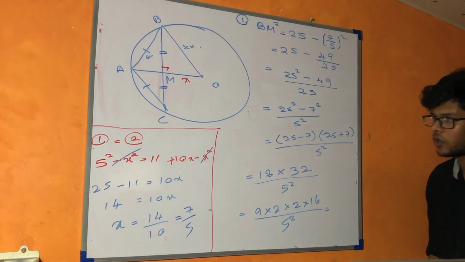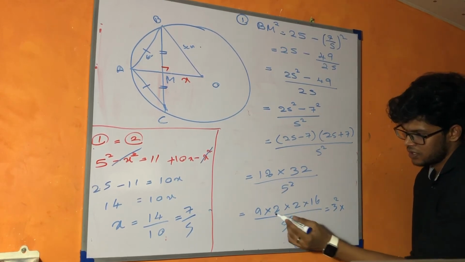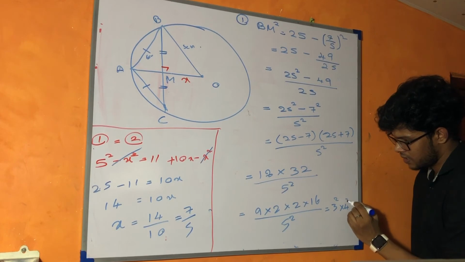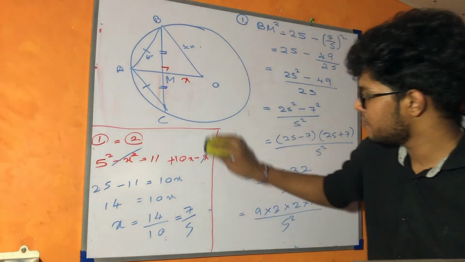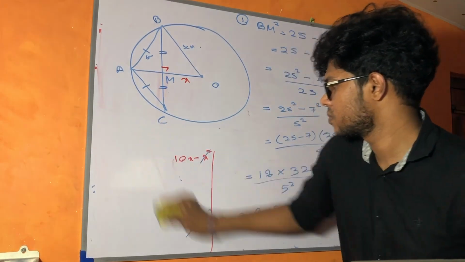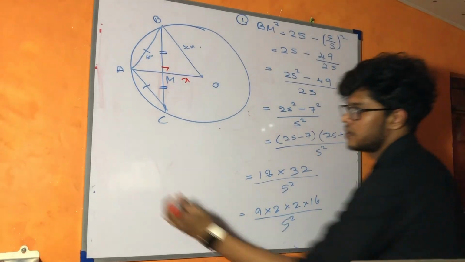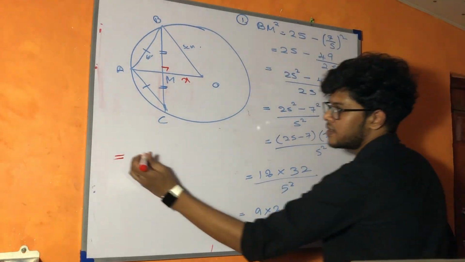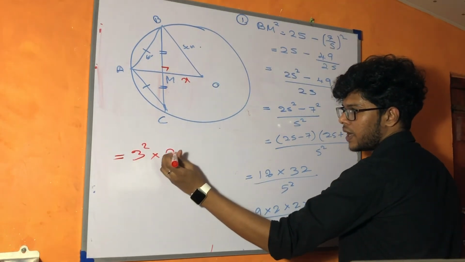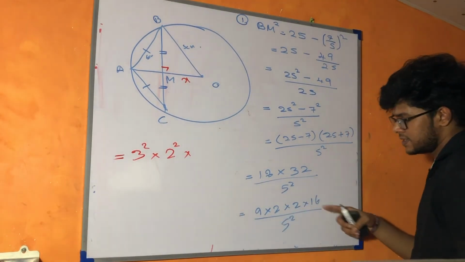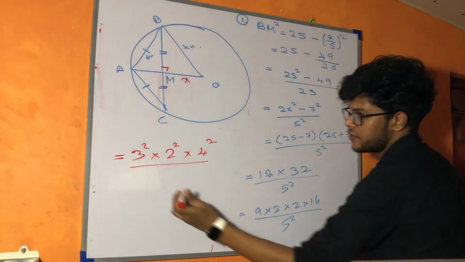So shortly you can write 9 is 3 squared, into 2 into 2 is 2 squared, into 16 is 4 squared, divided by 5 squared.